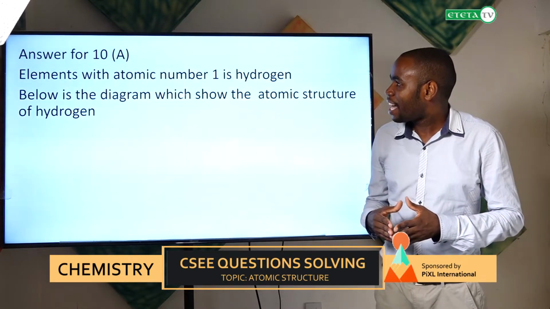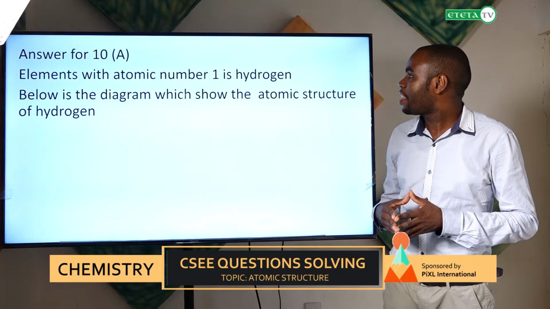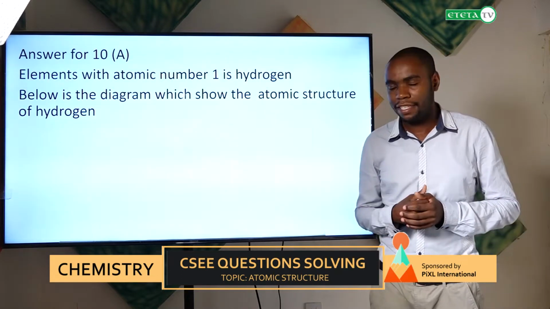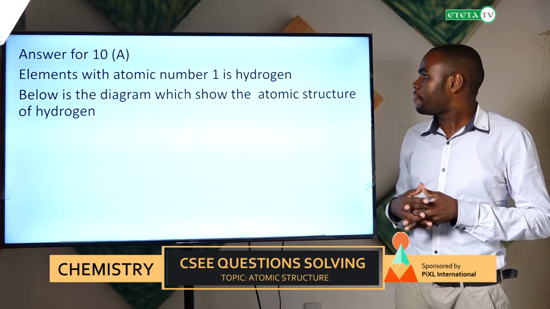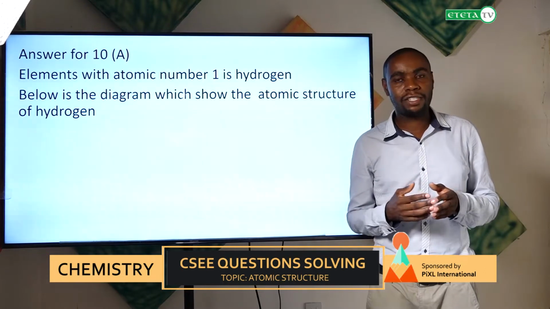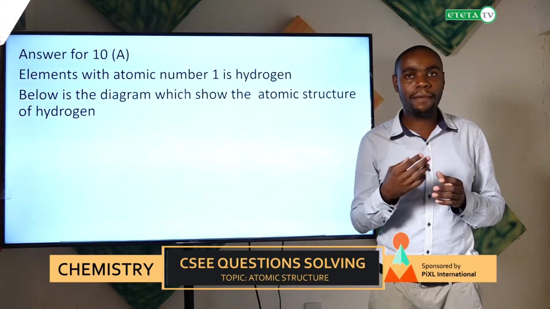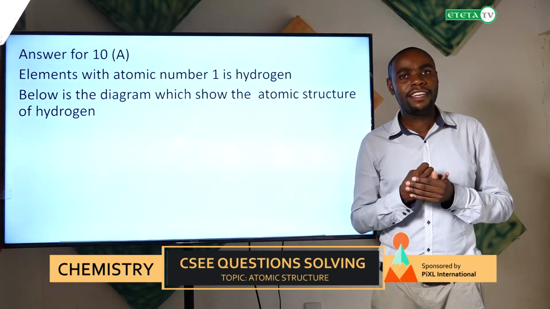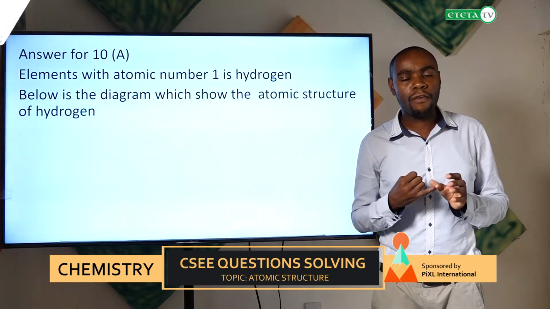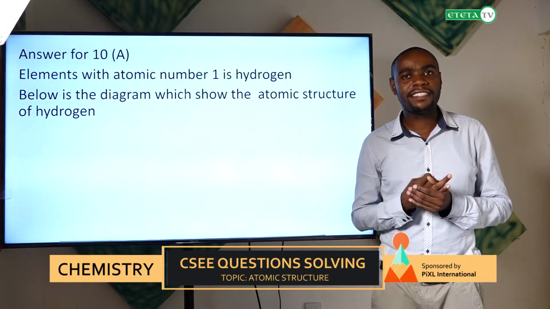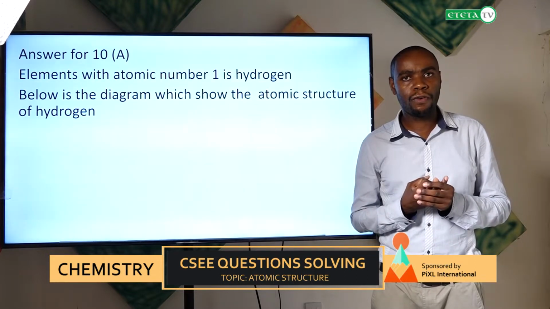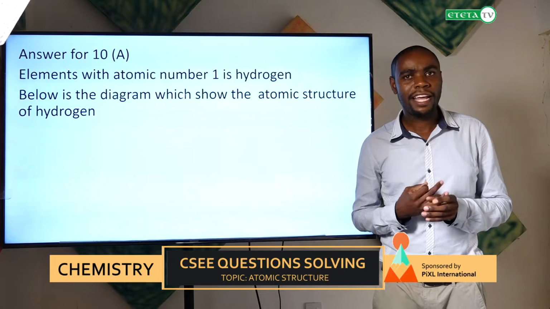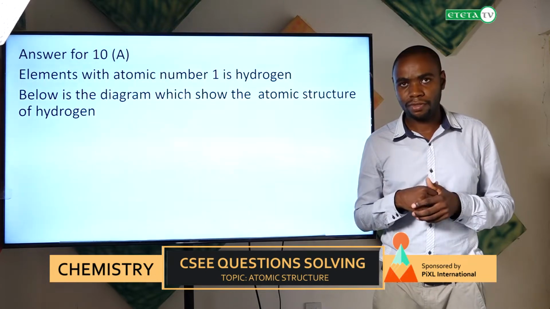To draw the atomic structure of an element, first of all, it should comprise three things. The first thing is the number of protons. The second is the number of neutrons, and the third the electrons.